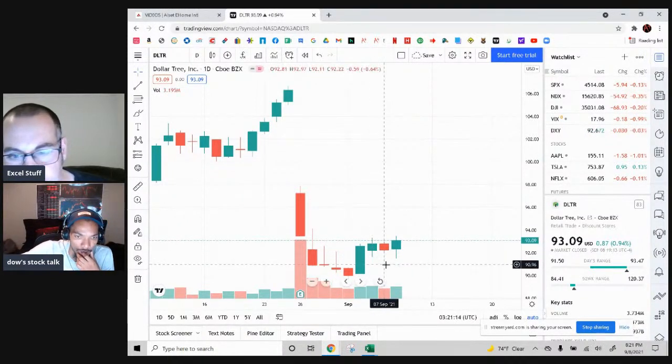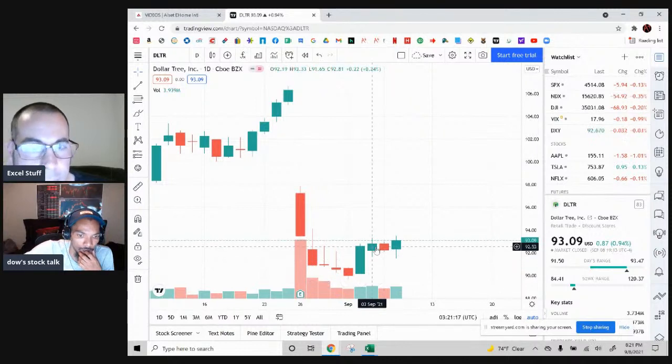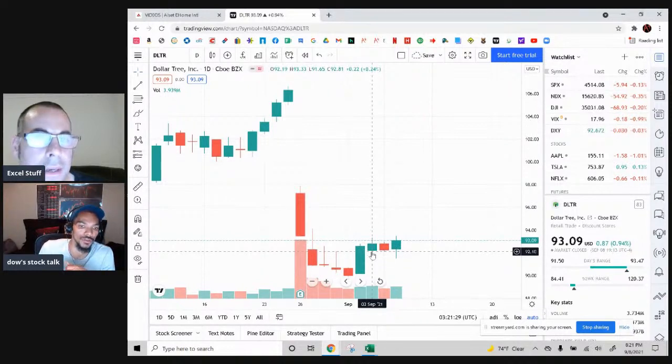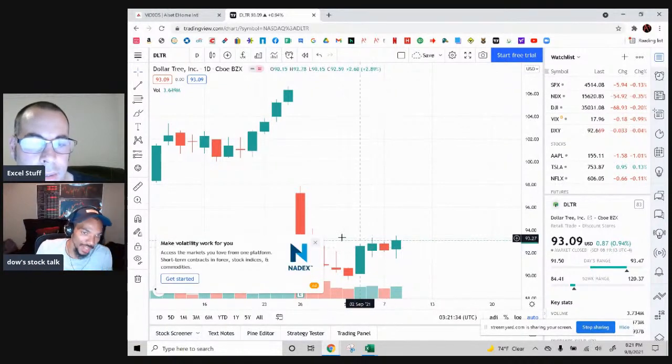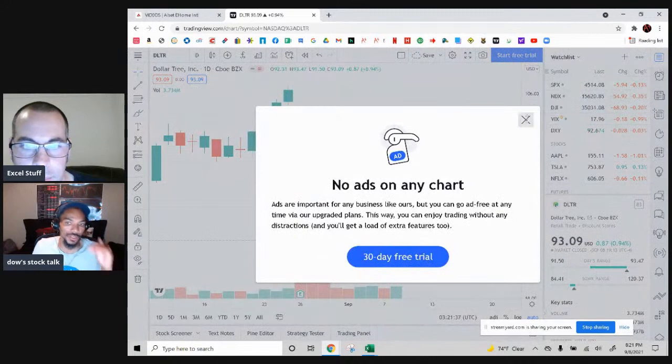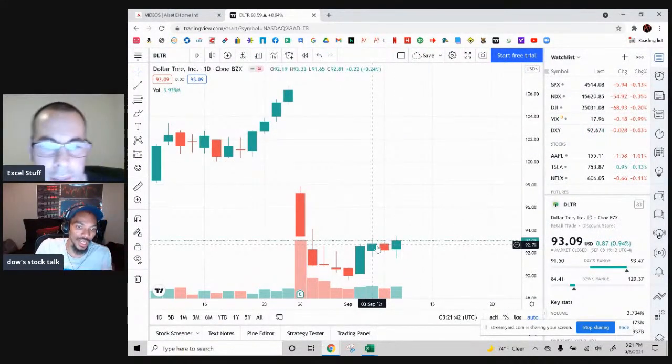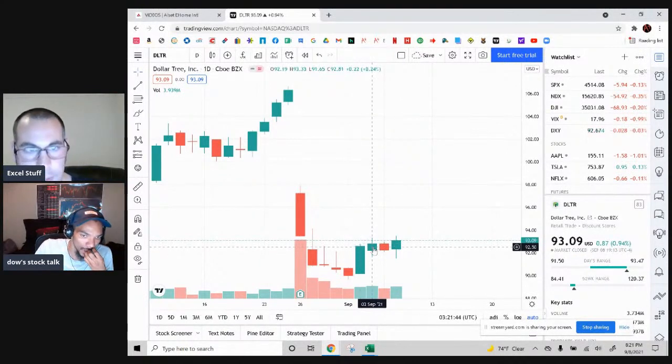But it opened at 92.19, right near the top of the bottom wick. And the rectangle always shows where it opened and closed, while the wicks identify the highs and lows, right?